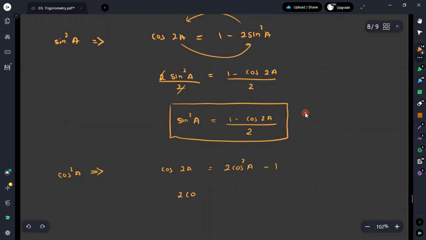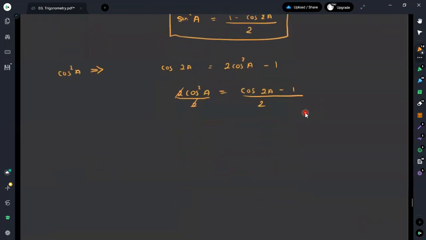If I isolate this 2 times cosine squared A, I can move the other terms to one side, it is cosine 2A minus 1. Dividing both sides by 2 leads to an equation for cosine squared A. Therefore, cosine squared A is equal to (cosine 2A minus 1) divided by 2.